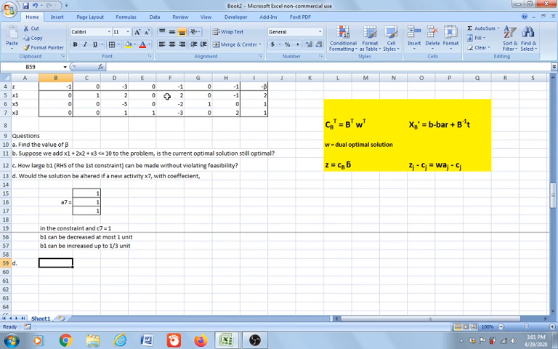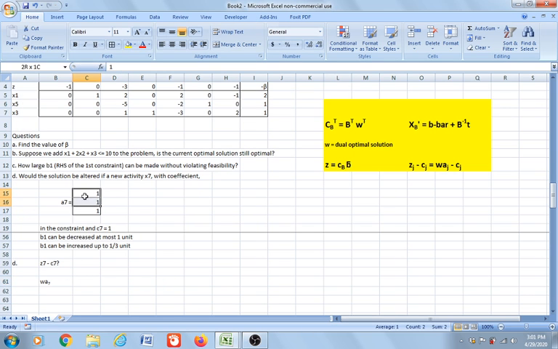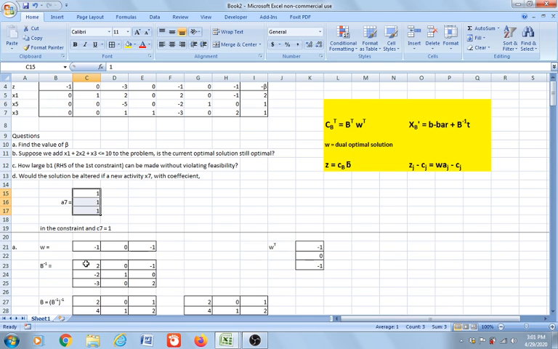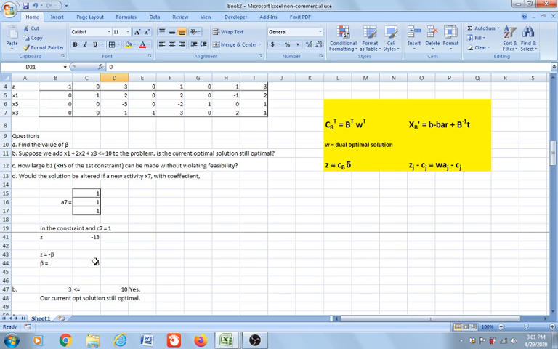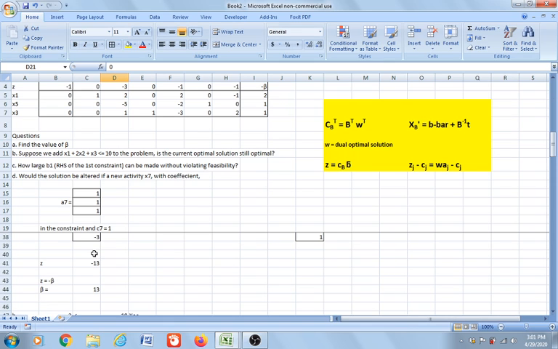So we need to find the value of Z7 minus C7. We know W and we know A7, so we need to find WA7. This is the A7. Here is our W. It will be just a number, because that is a 1 by 3 matrix times a 3 by 1 matrix.